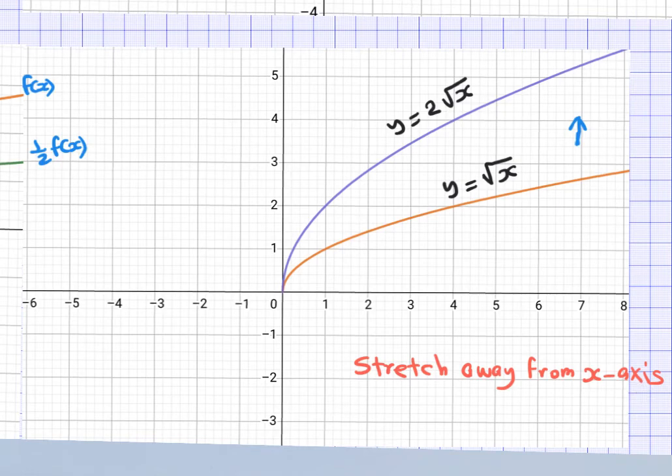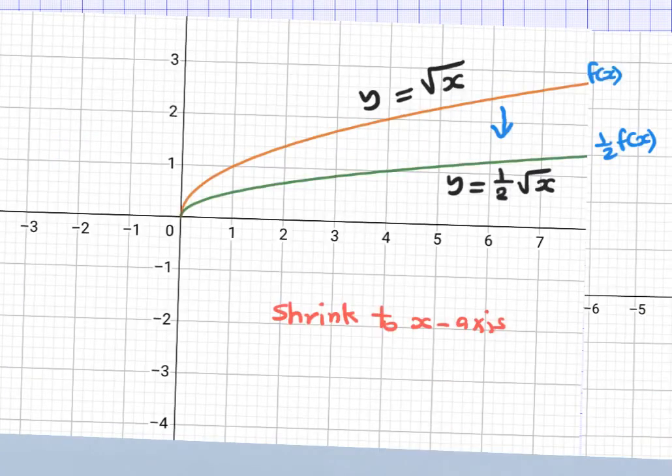The x is the same, but y is multiplied by 2. But if we multiply by half, a number between 0 and 1, the points will be closer to the x-axis, shrink to the x-axis.